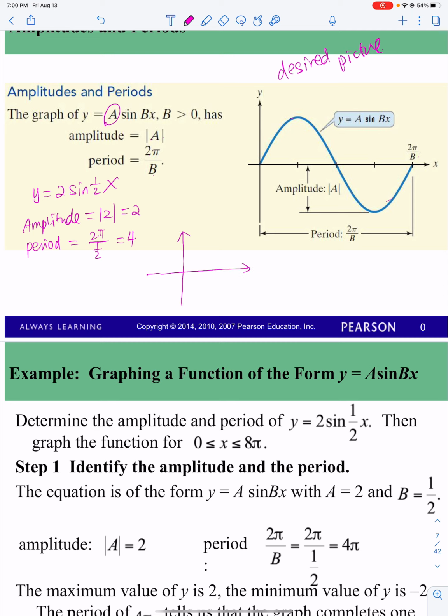Okay, so what I will do, I will just draw one period of sine first. Just draw it. I will not label anything. And what do we have here? The amplitude is the maximum and the minimum, yeah? So here is 2. Then I want to label here to be what? Negative 2. And then what I will label here?